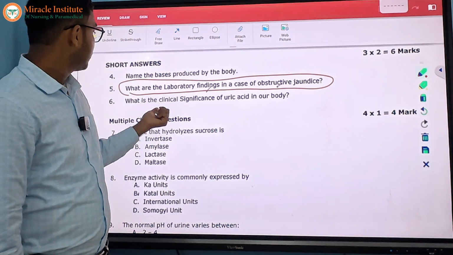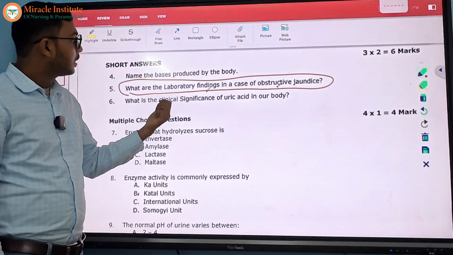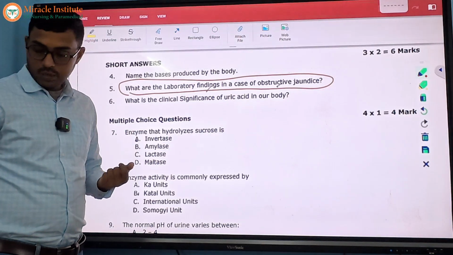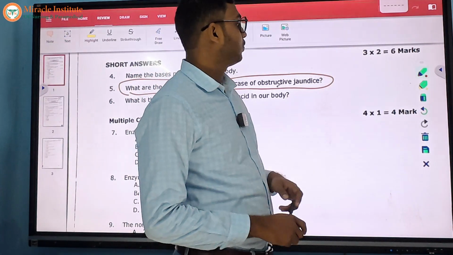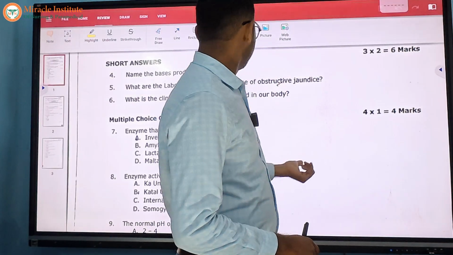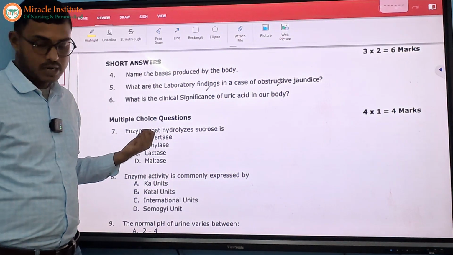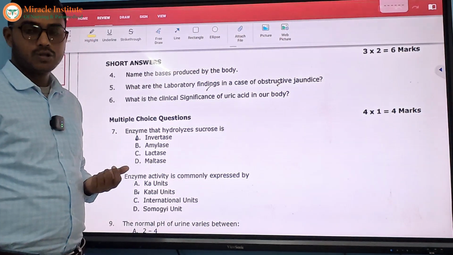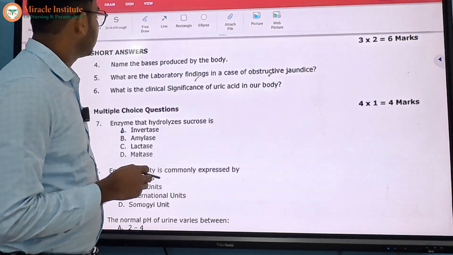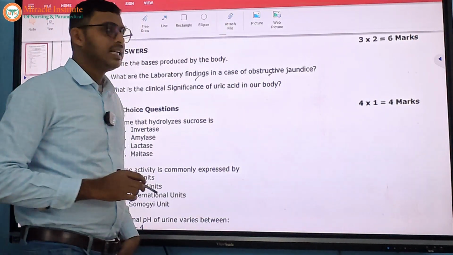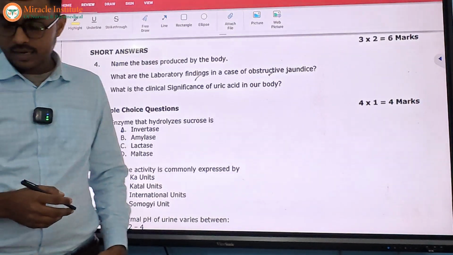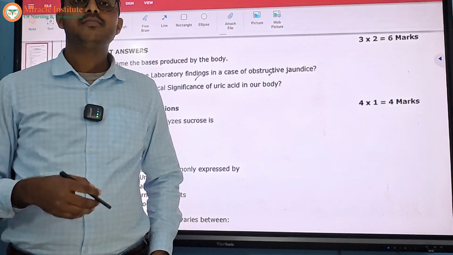Another question is: what is the clinical significance of uric acid in our body? The clinical significance of uric acid in our body relates to purine metabolism. What does this mean? It is a purine metabolism.